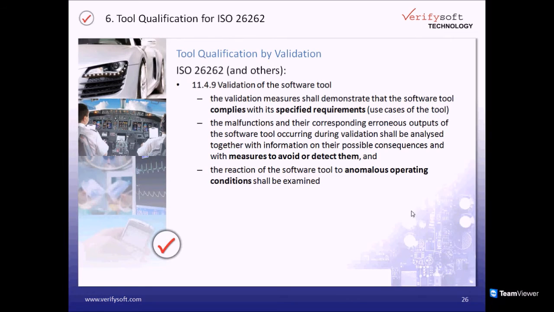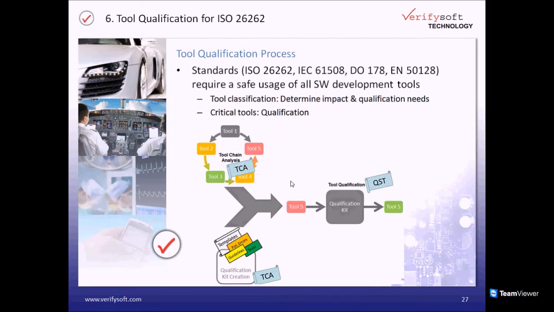So we provide also in the kit means for this, and how the software tool could be qualified further. So this is related to the process, and for critical projects, you need first to do a tool classification as we have done, and only the critical tools need to be qualified.